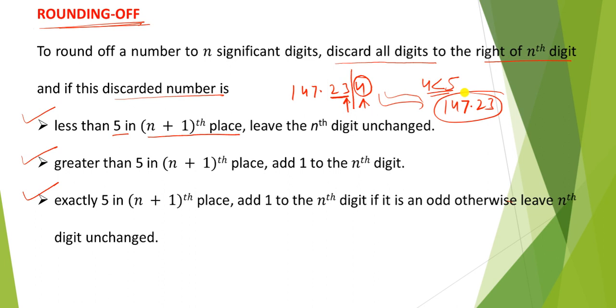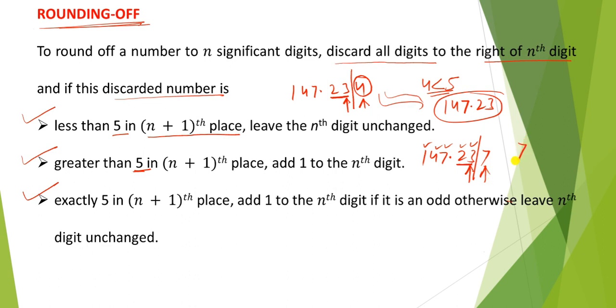Now the second point: if the discarded number is greater than 5, say 147.23237, and we round off this number correct to 5 significant digits, that is 1 2 3 4 5, or correct to 2 decimal places. Here 3 is at the nth place and 7 is at the n plus 1th place.